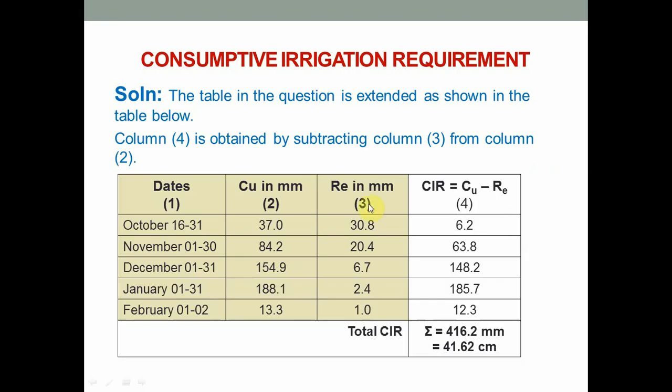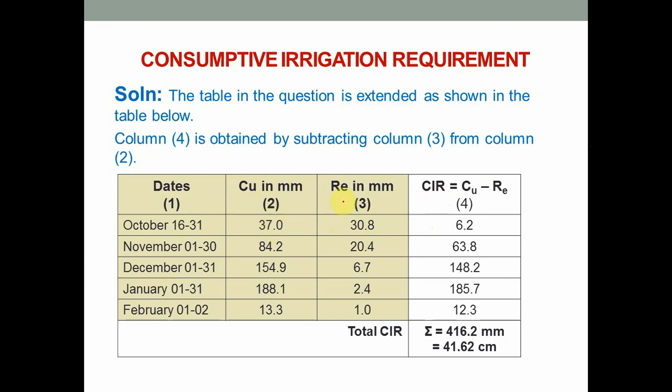Now CIR, that is consumptive irrigation requirement, is the difference between CU minus RE. So column 4, that is CIR, is obtained by subtracting column 3, which is effective rainfall, from column 2, that is consumptive use. So the total consumptive use of the plant is 37 millimeter.